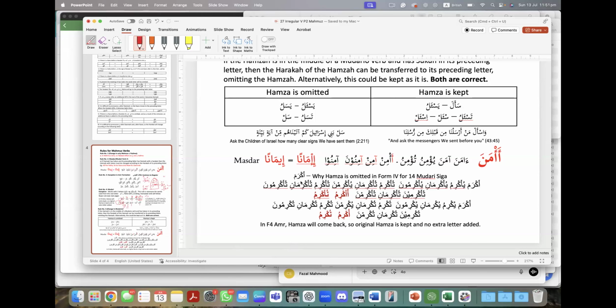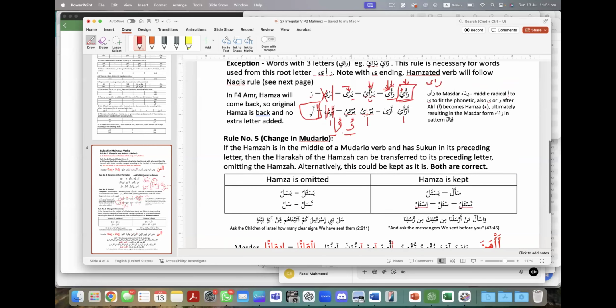Ustad? Yes. One thing I just want to clarify. In the examples which we were just seeing about transformation, in Ra'aya, we have yara, tara, and then when we do the transformation for the amr, it should not be ra with the fatha, it should be ra with alif maqsura. The first line, you see the example? One second, let me delete that.